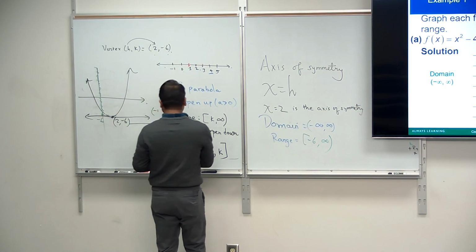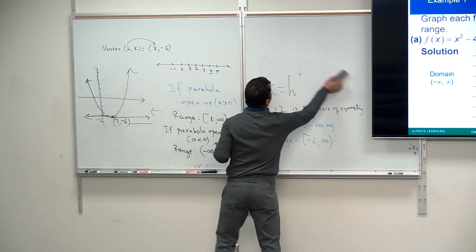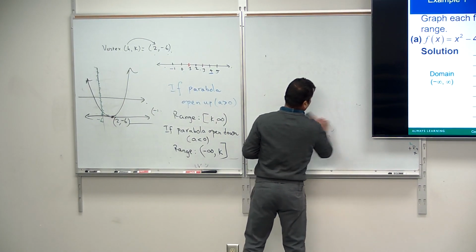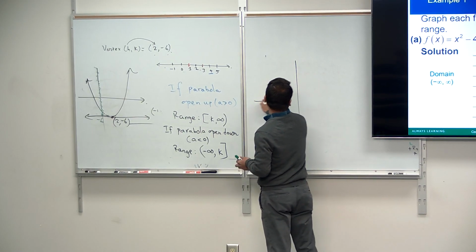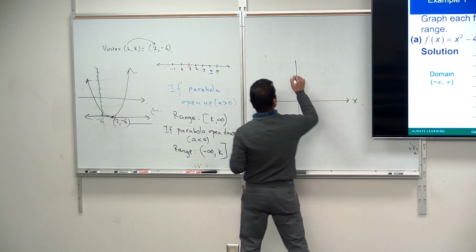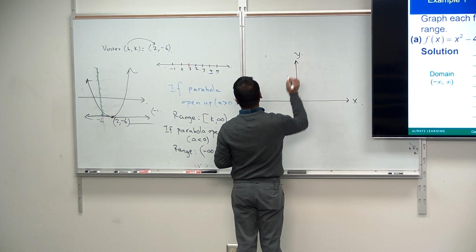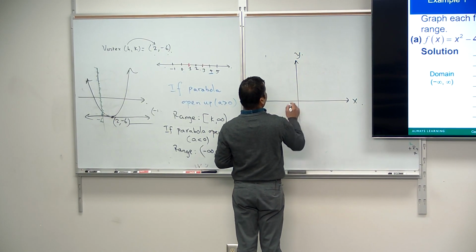This is because, let's say, if you have a parabola like this, so this is your x-axis, this is your y-axis, and let's say you have a parabola something like this.